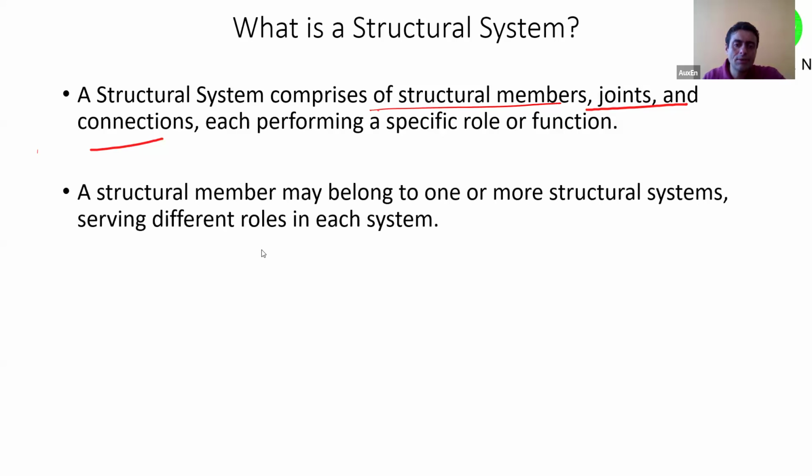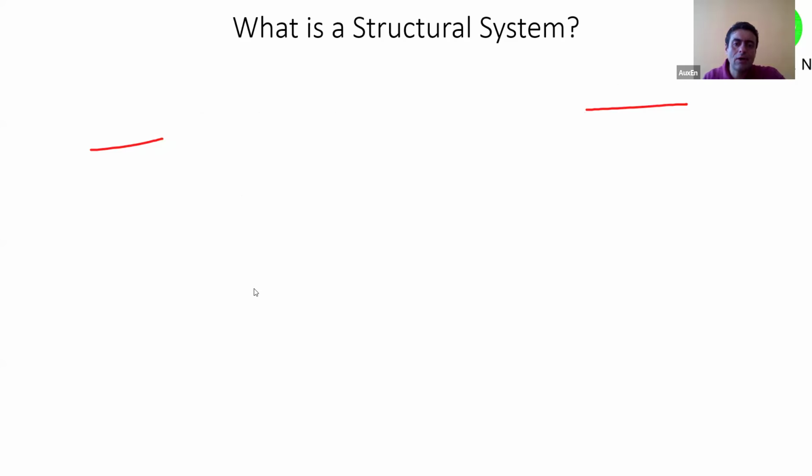I think this definition is quite clear. What is meant by a structural system? Now, how do we classify different structural systems? As per the design actions that are induced, we classify the structural system.